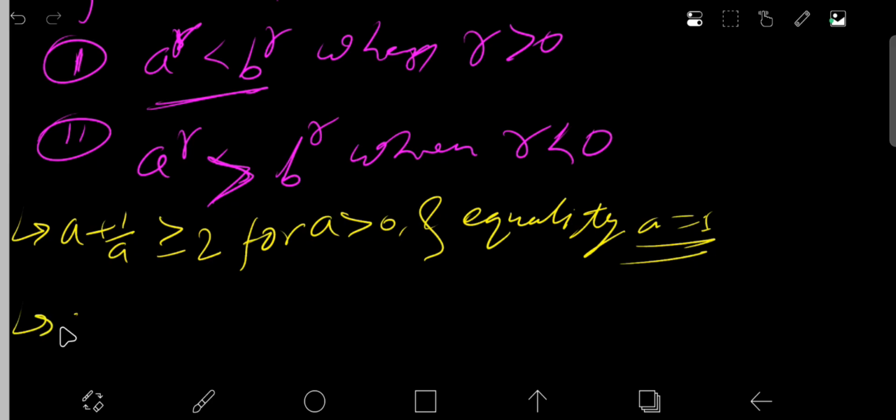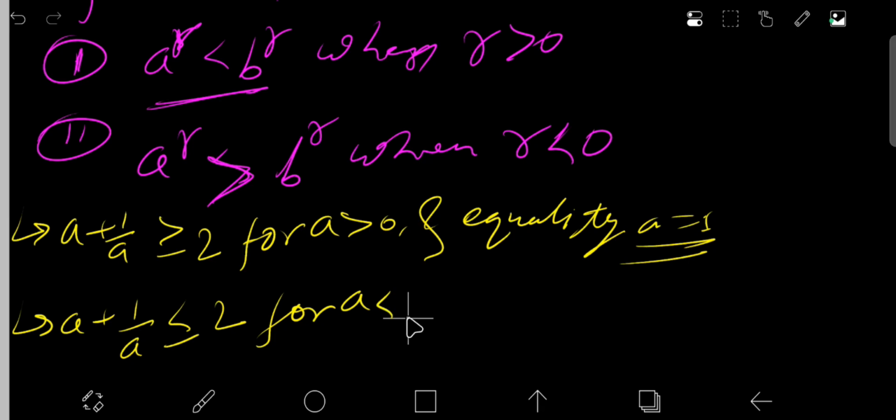Similarly, we take another: a plus 1 by a is less than or equal to minus 2, when a is less than 0.